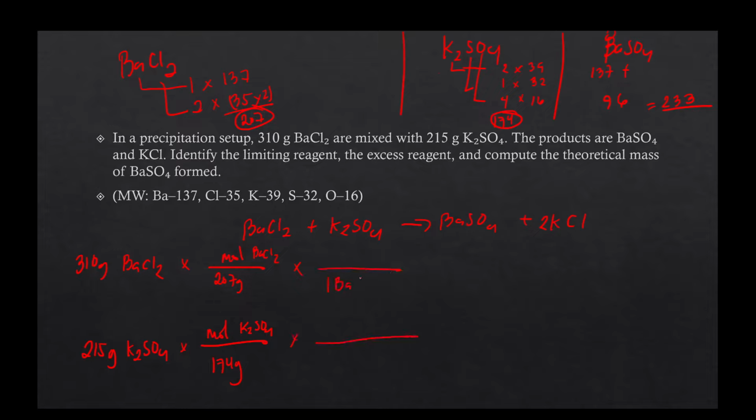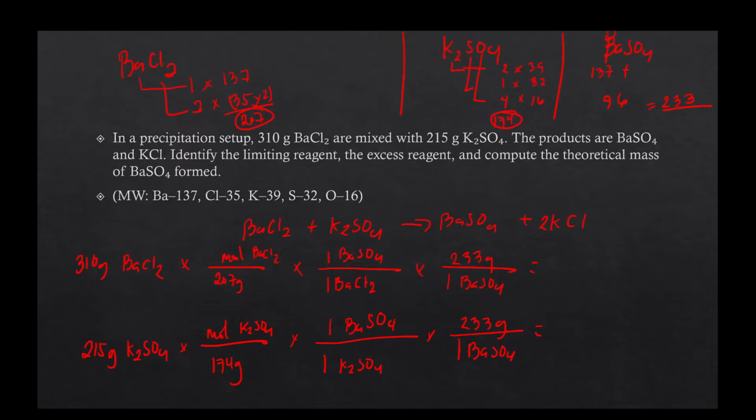So 1 barium chloride is 1 barium sulfate. Same here. 1 potassium sulfate is 1 barium sulfate. Then finally, 1 barium sulfate is 233 grams.